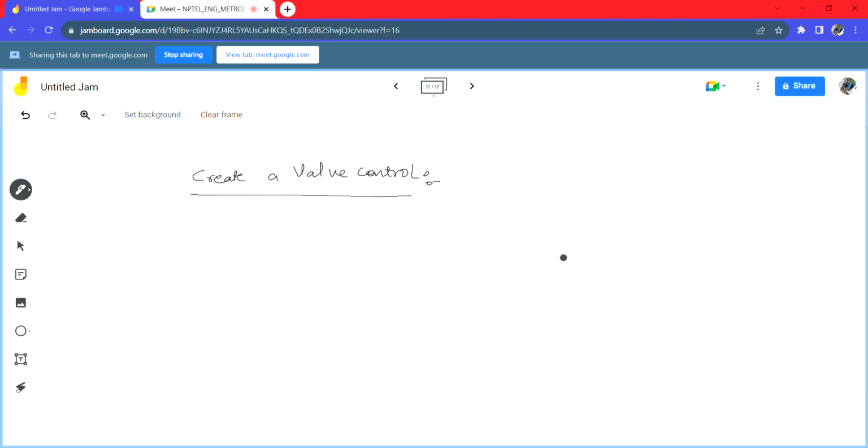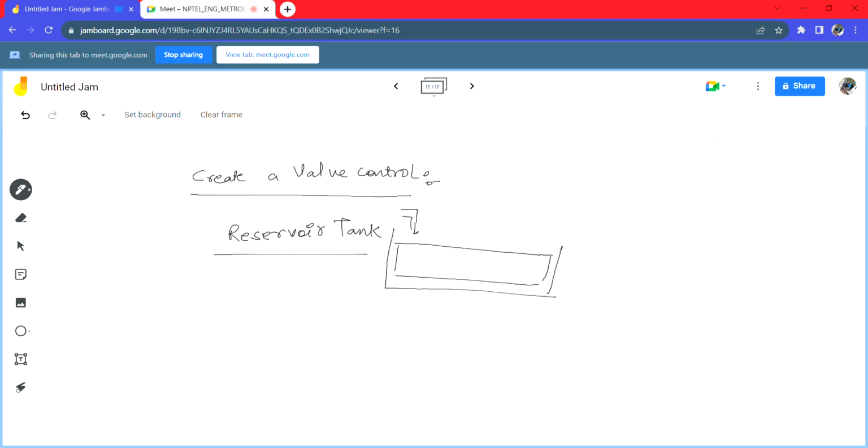Let us say I have a reservoir tank, and this reservoir tank is being supplied with water for an entire village, and it has a capacity of 50,000 liters.